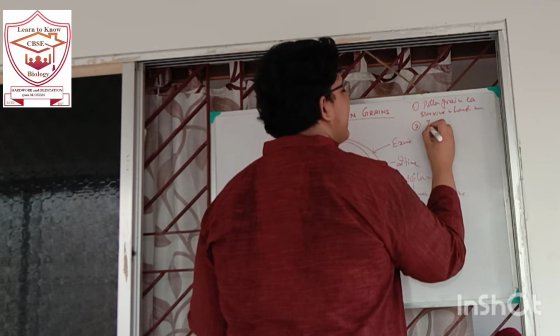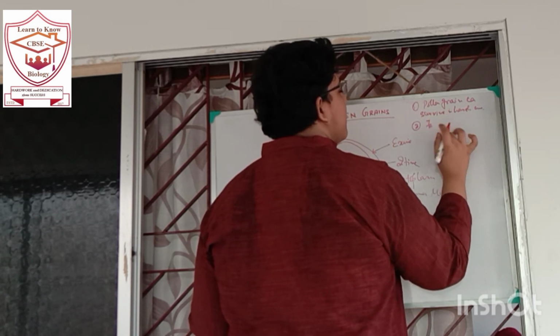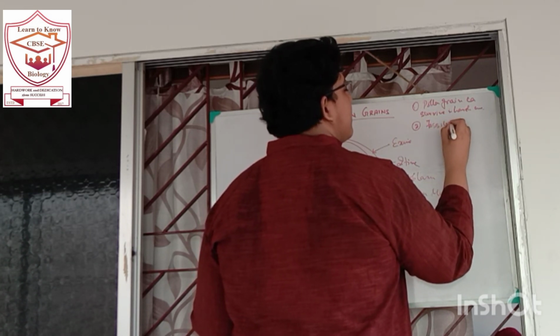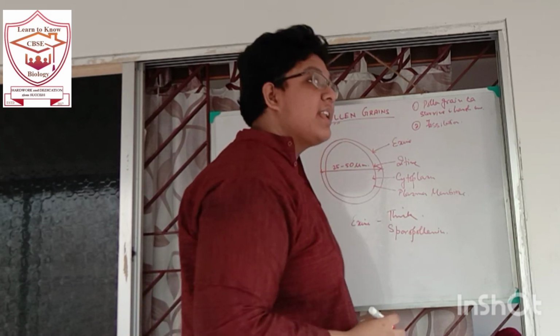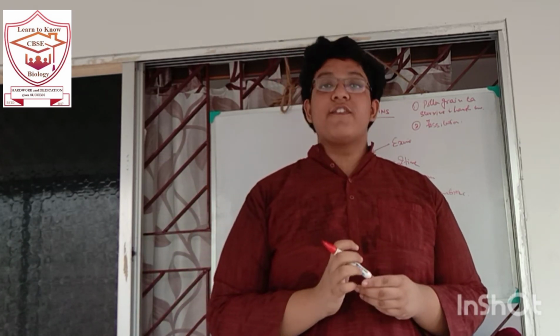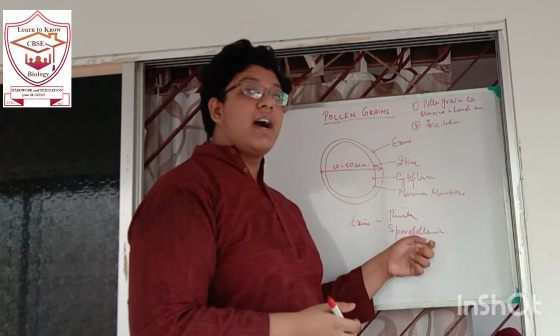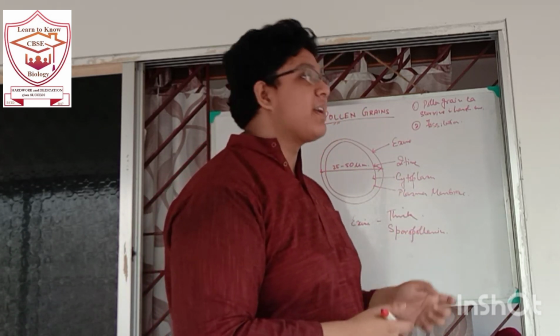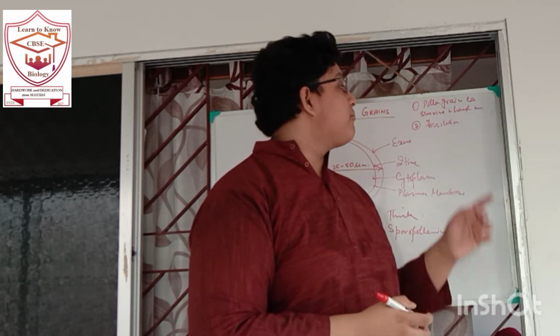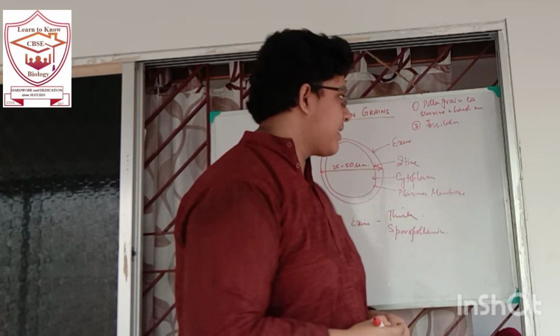Number two, it helps in fossilization of pollen grain. What is meant by fossilization of pollen grain? A number of evidences have been found where pollen grains are fossilized. Due to this hard resistant chemical, sporopollenin, the pollen grains can be fossilized.